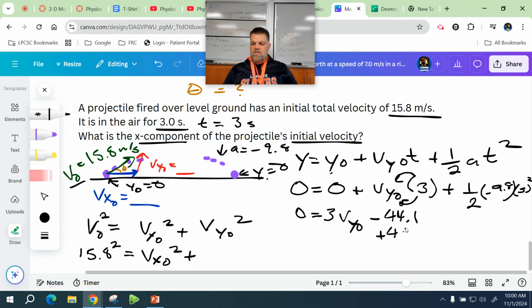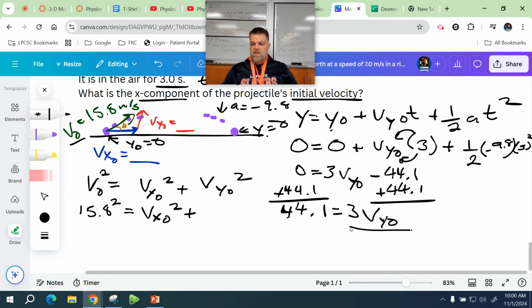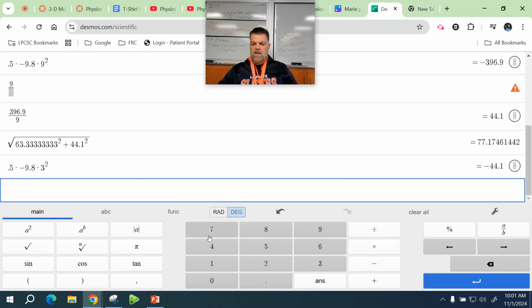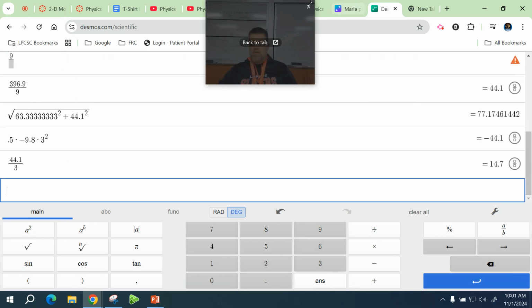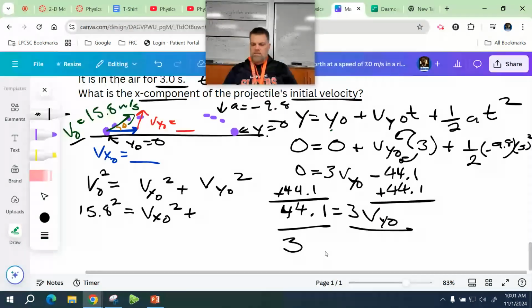Add that to both sides and I get 44.1 is equal to 3 times Vy naught. Divide both sides by 3. 44.1 divided by 3 is 14.7. 14.7 is my initial velocity in the y direction.